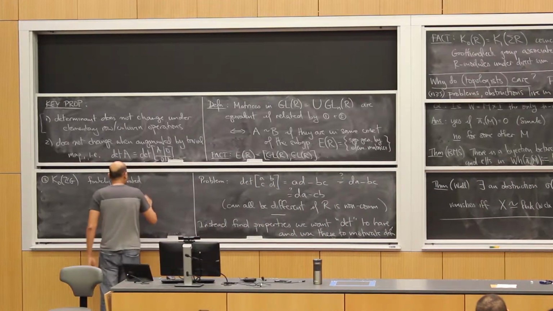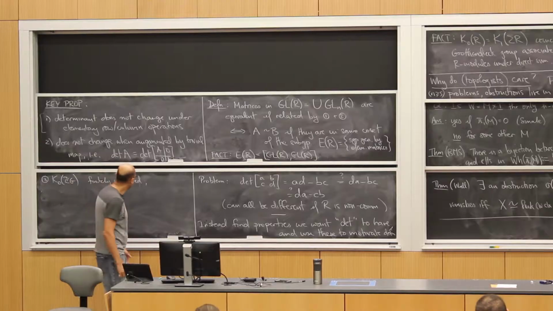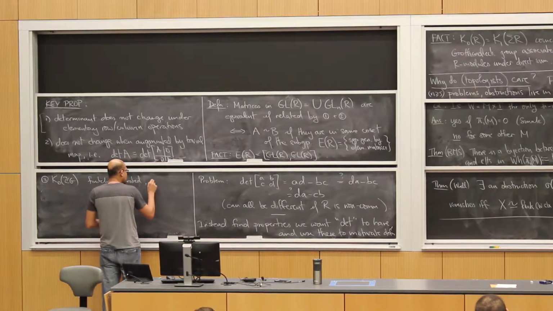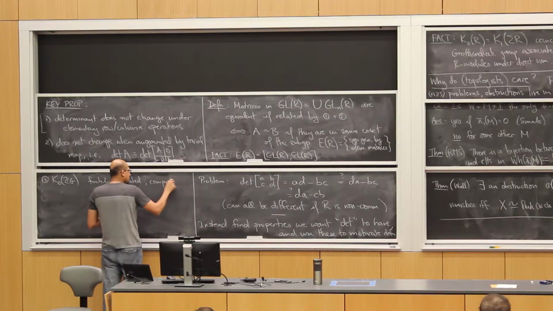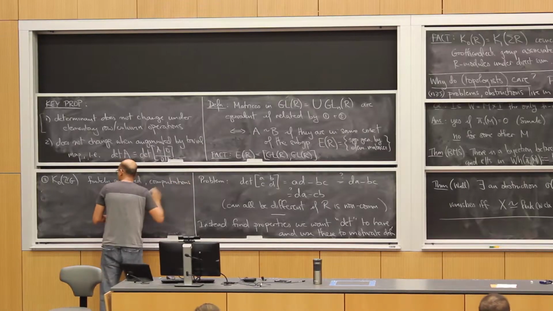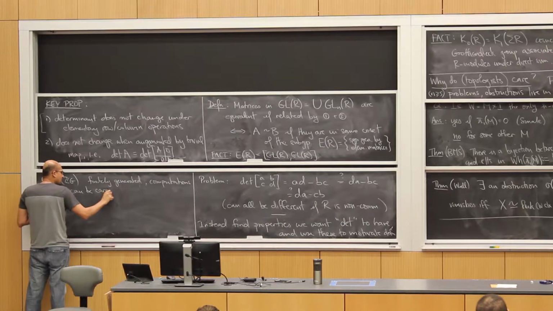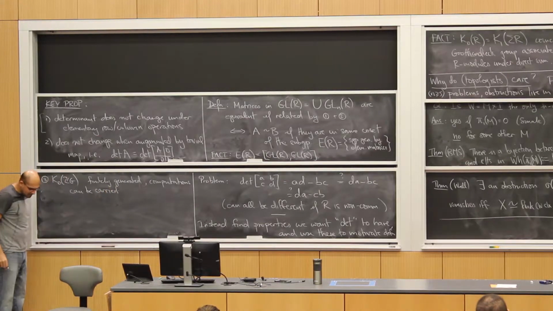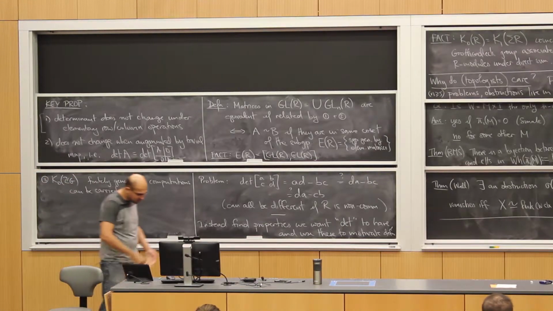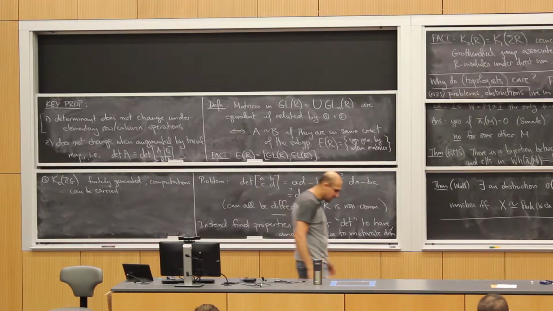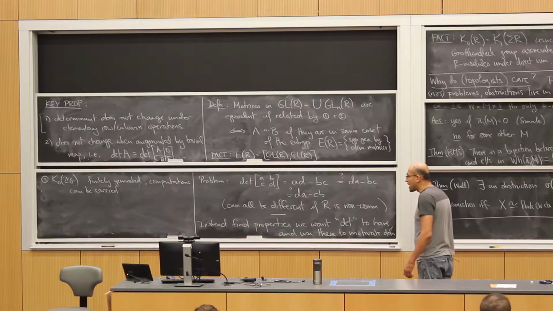So this is finitely generated. There are computations in some cases that can be carried out. In particular, I think K0 Zg has been identified for all groups of small enough order by computer programs.